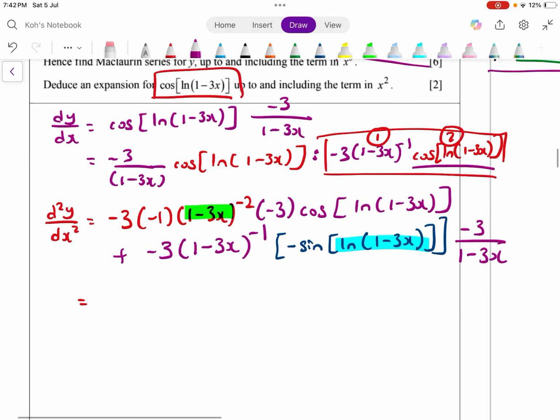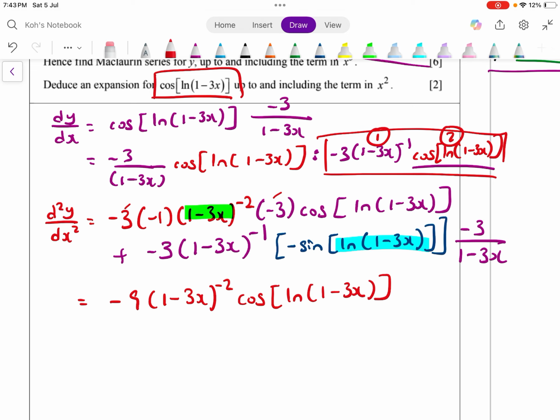So okay. So hopefully this time around I don't do any more careless mistake. So for this thing, it's negative 9. So it's negative 9. Then here will be (1 minus 3x) to the power of minus 2. Of course, not to forget cosine ln(1 minus 3x), square bracket. Then for the second one will be minus 3 times minus 3, positive 9 already.